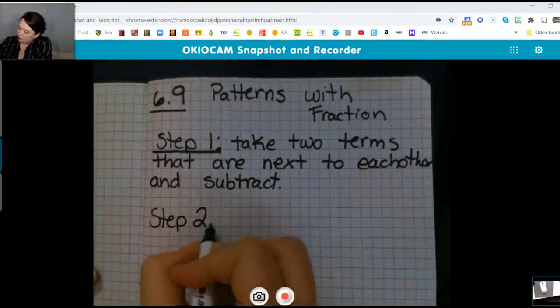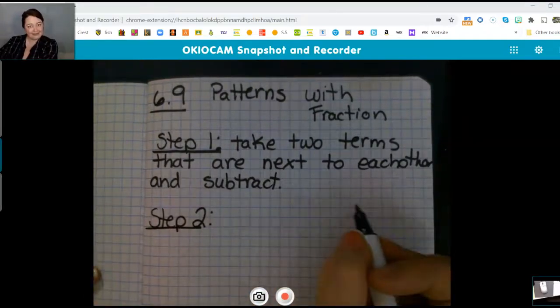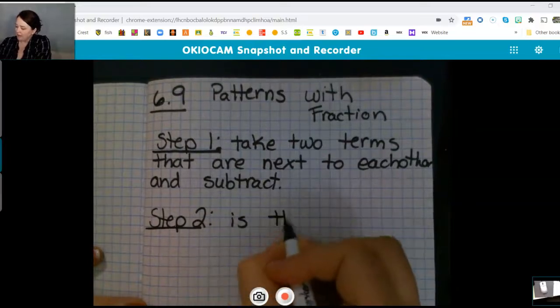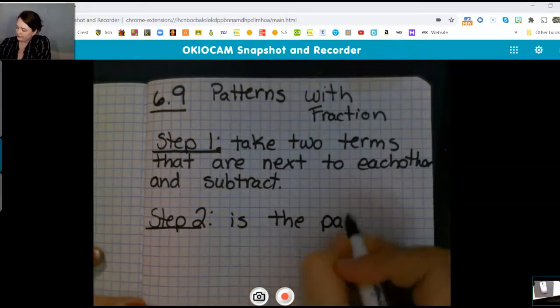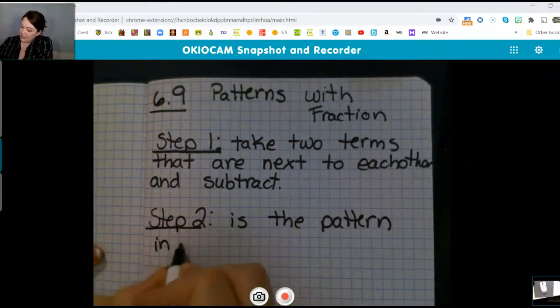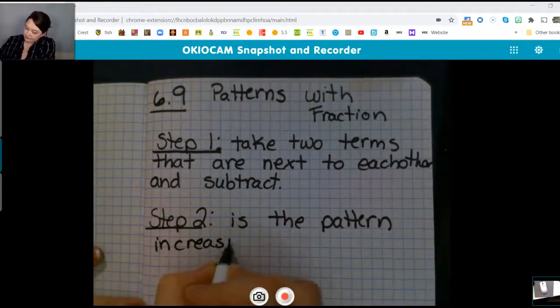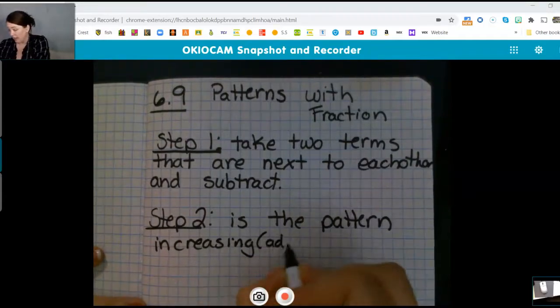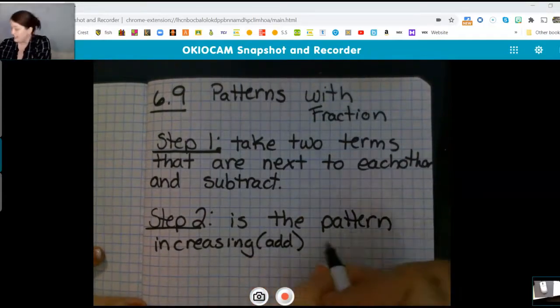Step 2. Is the pattern increasing? If it's increasing, then it's an adding pattern, or decreasing.